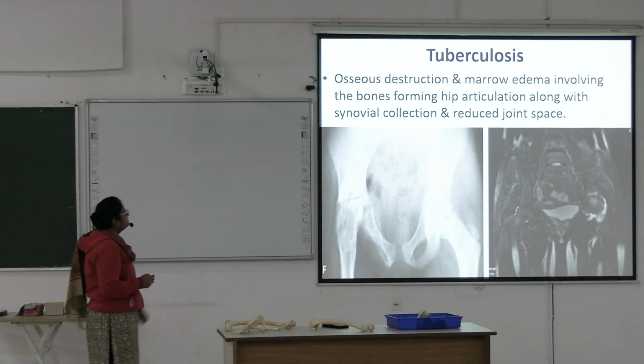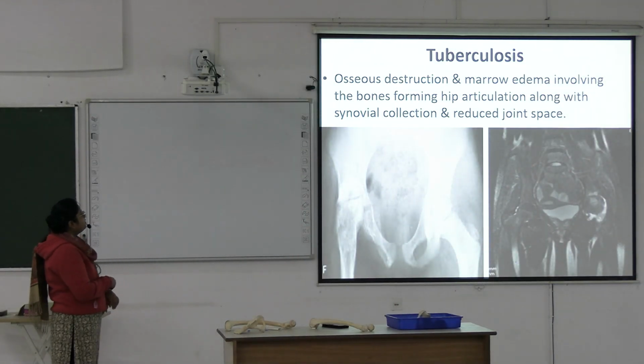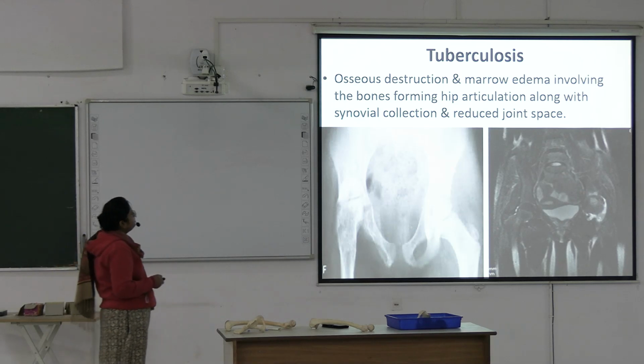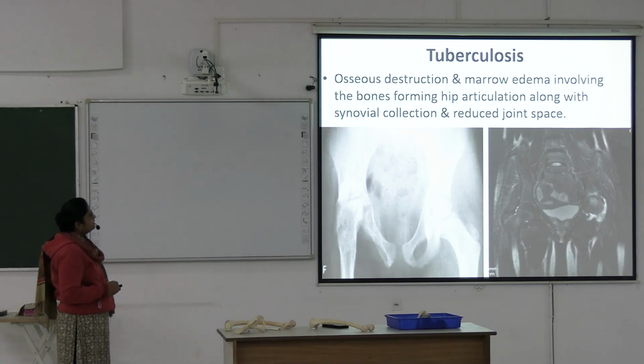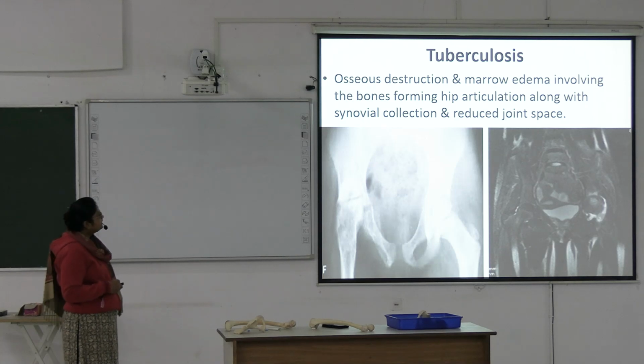Next we go to tuberculosis of the hip joint. Osseous destruction and marrow edema involving the bones forming the hip articulation, along with synovial collection and reduced joint space. Okay, here tuberculosis of the hip occurs. The joint space, the black colored portion, you cannot see here.